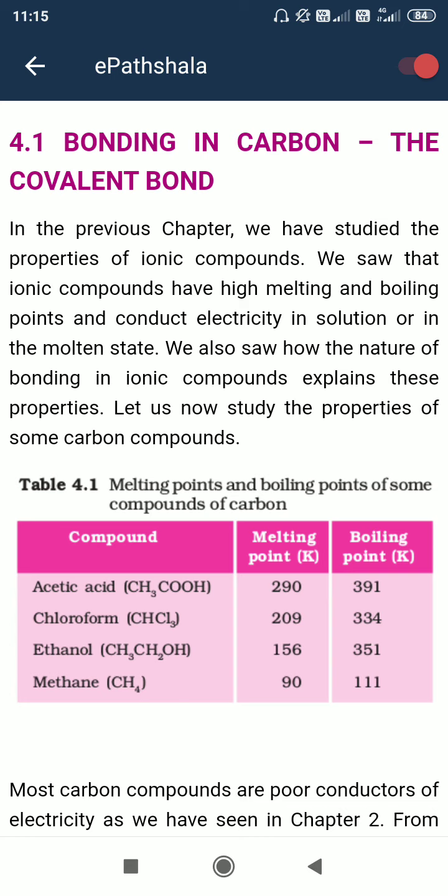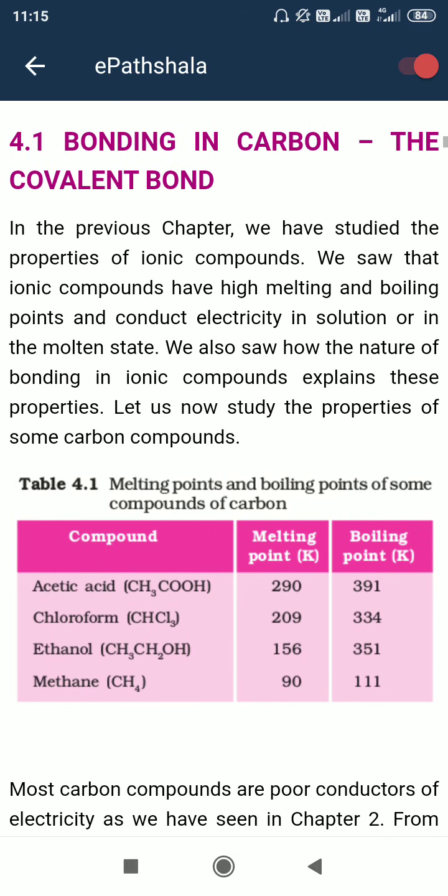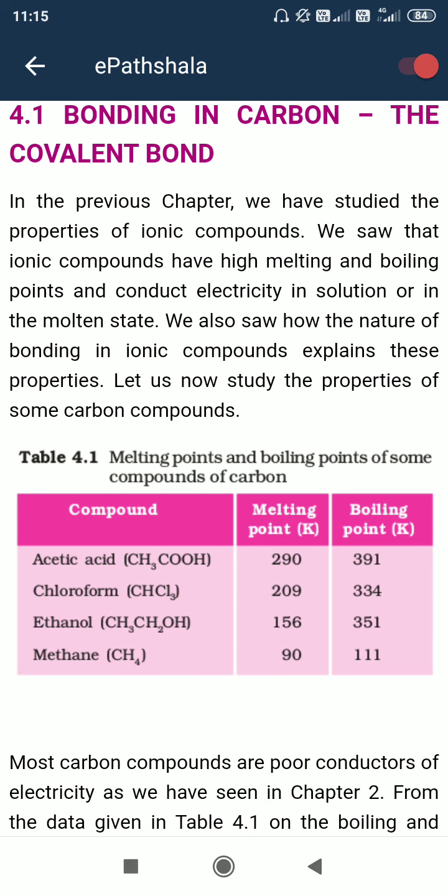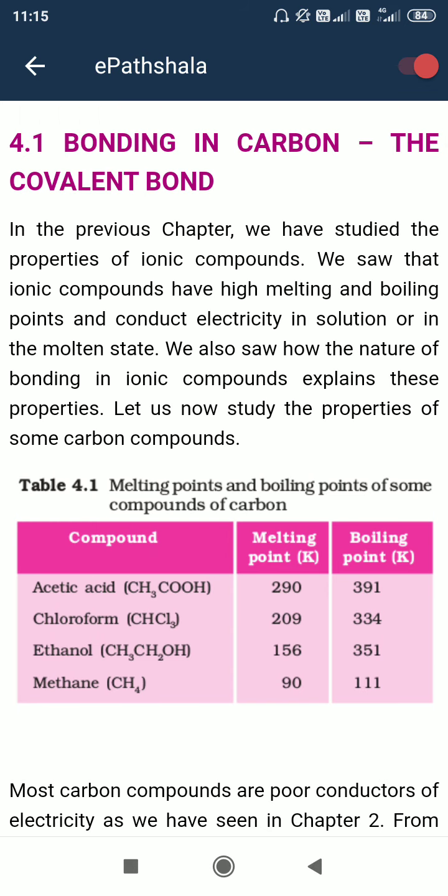If we apply the octet rule, we need 4 more electrons to be stable, to become the stable carbon element. In the outer shell it is 4 electrons, we need 4 more electrons, then only it will be stable. As carbon needs 4 electrons from outside, that's why its valence is 4.